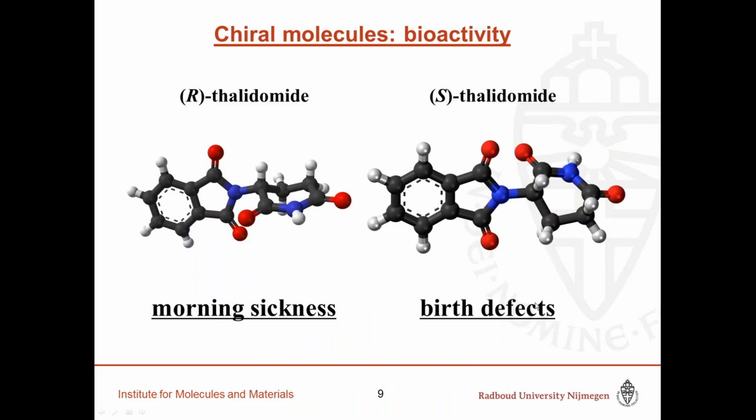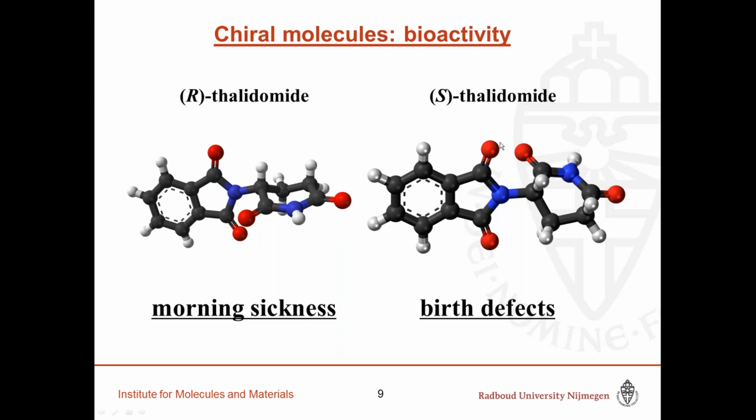Now, if you go to medicines, things can become worse, because this is the case of thalidomide, which is also a chiral molecule, and the right-handed version was used in the 1960s or thereabout to prevent morning sickness for pregnant women.